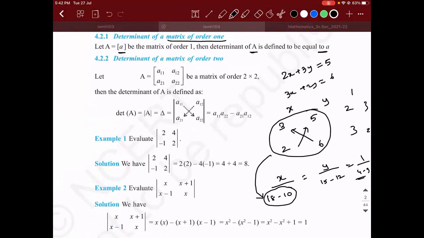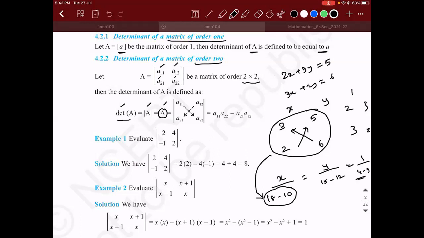So what is the determinant of a matrix of order 2? If there is a matrix A which has the elements A11, A12, A21 and A22, a matrix of order 2 cross 2, then the determinant of A, see, determinant can also be written as delta. So these are all det A, mod A, or just delta, which is nothing but the cross multiplication. But how should you do the cross multiplication?